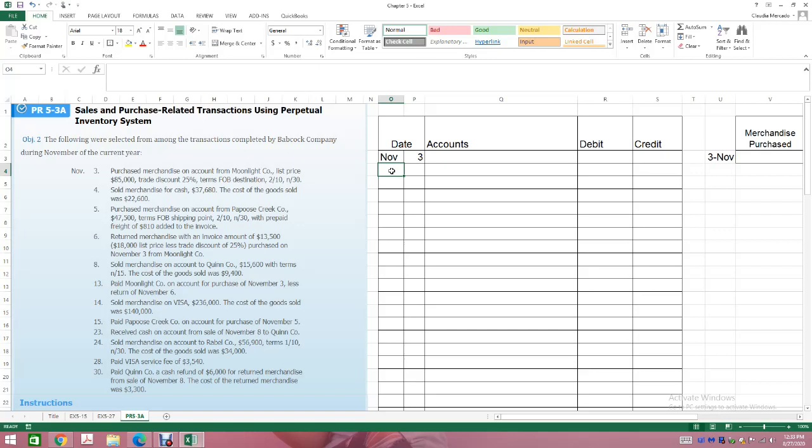We are buying, it doesn't even say what we're buying, but we're buying some kind of goods. The list price is $85,000. So we're buying goods to resell. We're going to buy from a vendor, and then we're going to put them in our store, and we're going to sell them at a higher price and make a profit. That's how retail works.